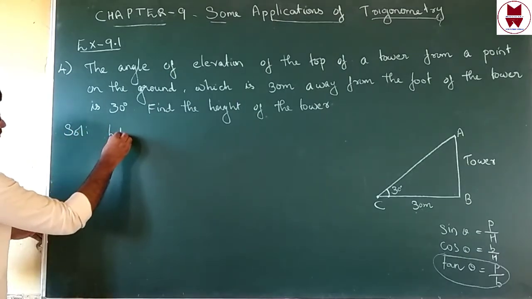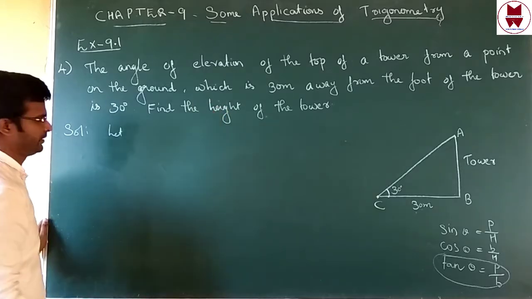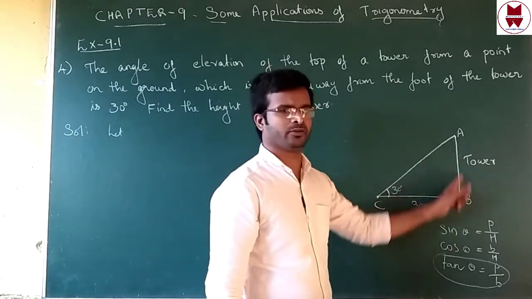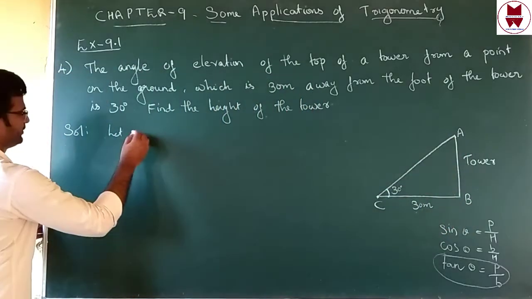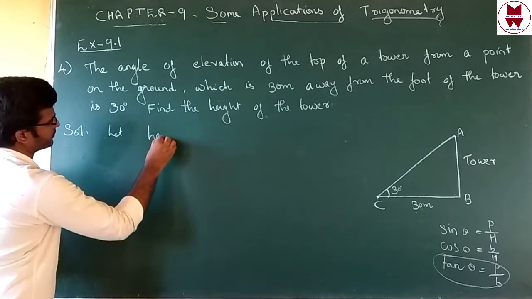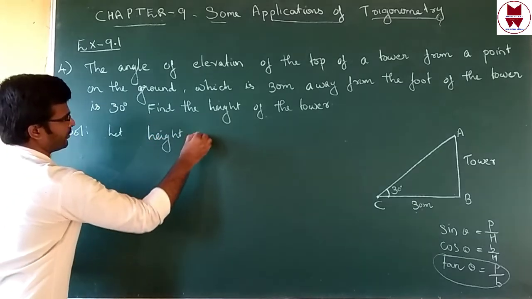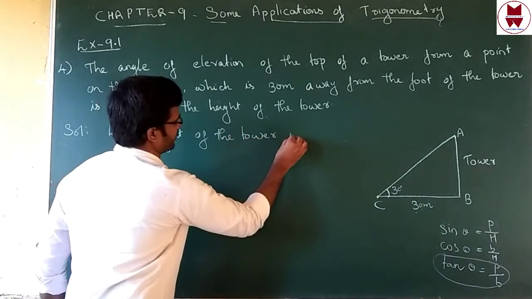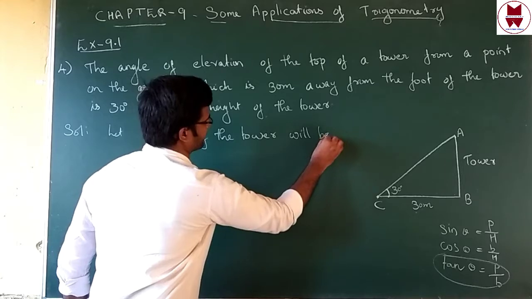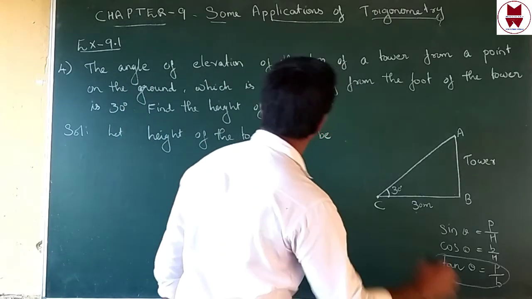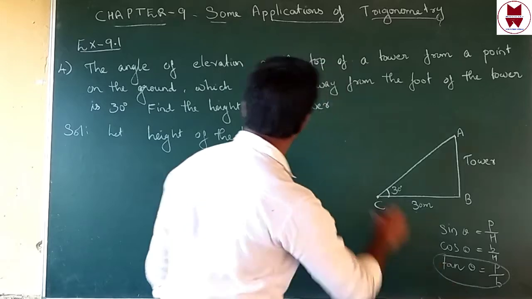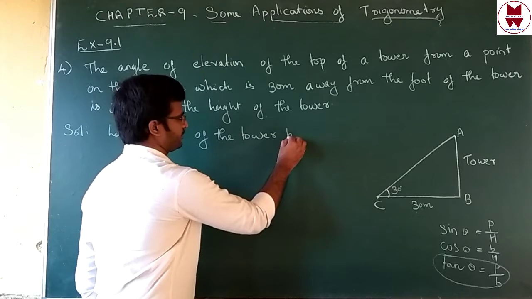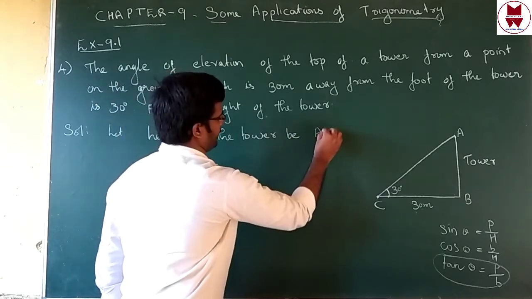Let our question, find the height of the tower, isn't it? In that figure, what is the height of the tower? AB is the height of the tower, isn't it? We can write: let height of the tower will be AB.